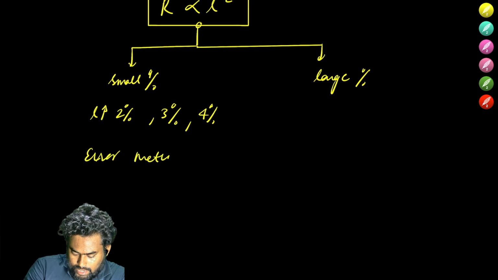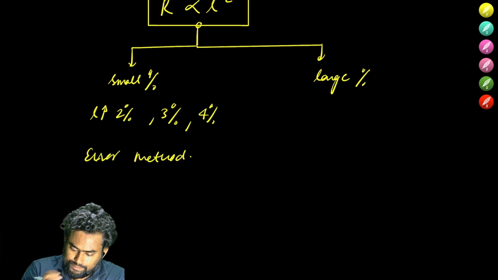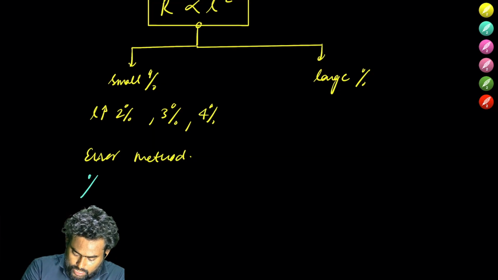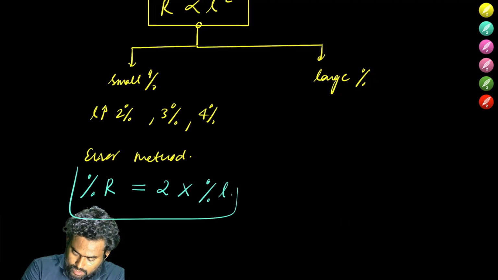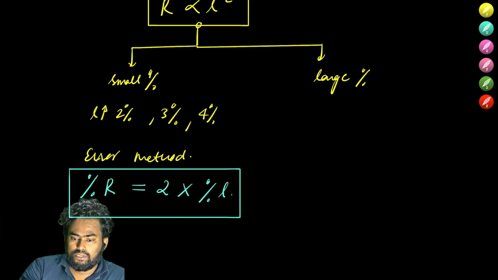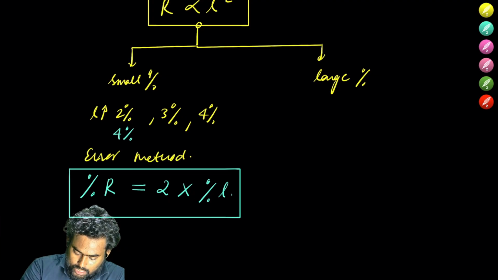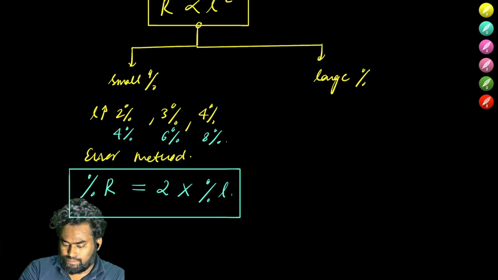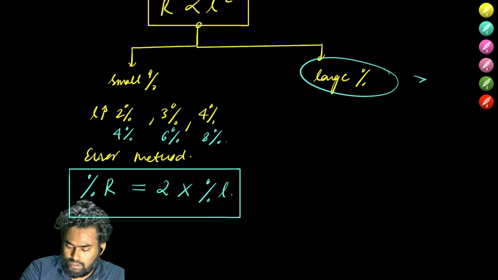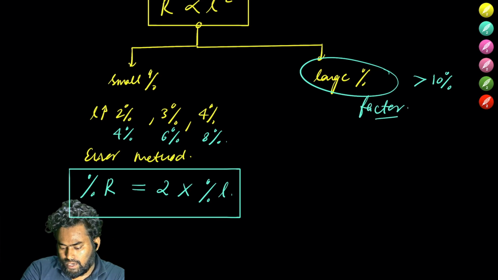So the percentage change in resistance will be 2 multiplied by the percentage change in length. When length increases by 2%, resistance will increase by 4%, for 3% it will be 6%, for 4% it will be 8%. For a large percent, meaning more than 10%, we have to use the factor method.